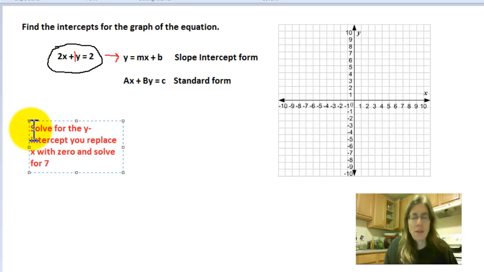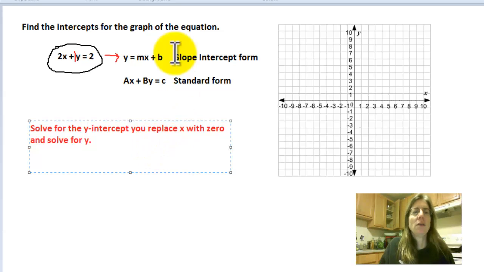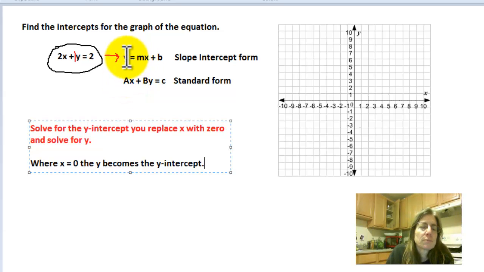for y. And that is because where x equals 0, the y becomes the y-intercept. What I mean by that is this y here is the y-intercept when this x equals 0.